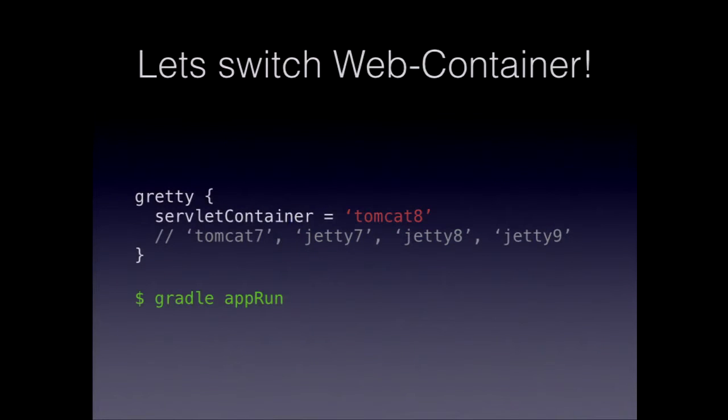Now this sweet part, switching web containers. At first, when I started developing Gretty, I took a more traditional path. Gretty actually consisted of specialized Gradle plugins. Each plugin was bound to a concrete servlet container.